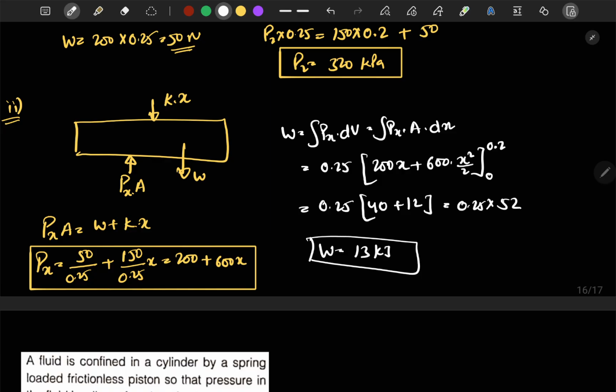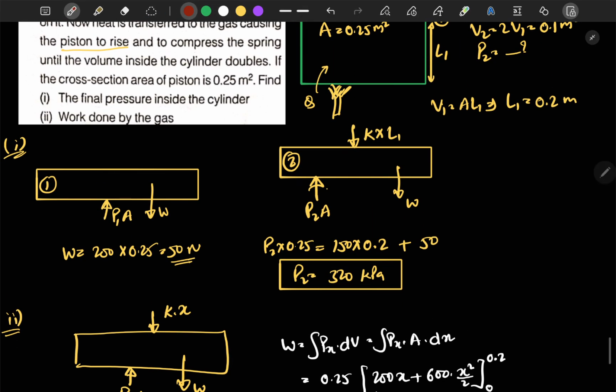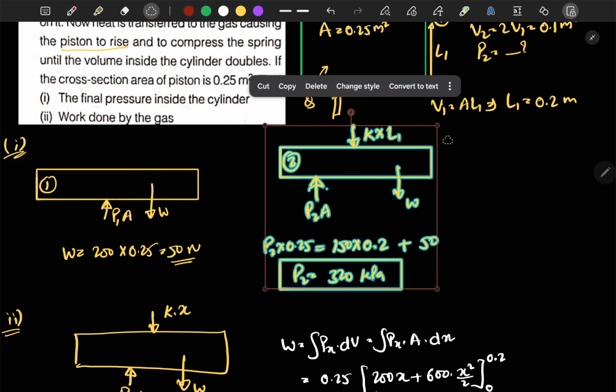Okay, we can also do it in another way, that is a very simple way. Let me tell you about that also, so that you can decide which method you have to follow.